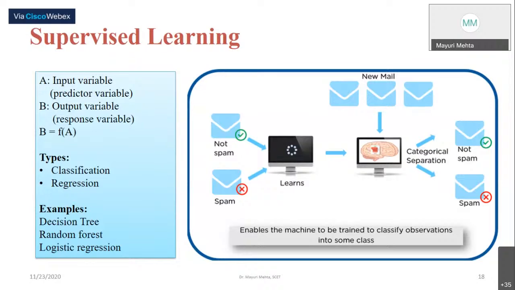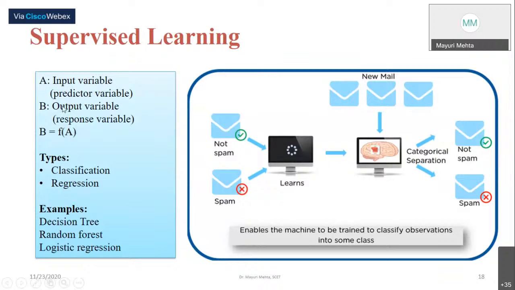Using these sets of variables, we generate a function that maps inputs to desired outputs. Here you can see that the function maps the input variable to the desired output variable. The training process continues until the model achieves a desired level of accuracy on the training data, right?